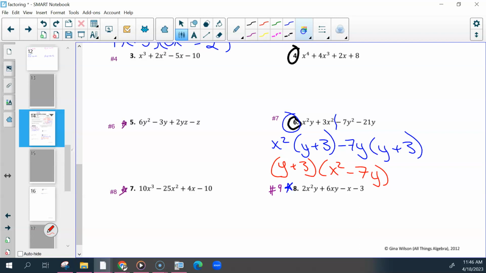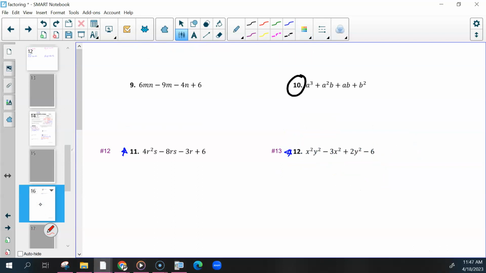Are there any others we want to see, do, go over, have questions about? Let's do 10. So 10 is all variables, but it works just the same. Split it down the middle.